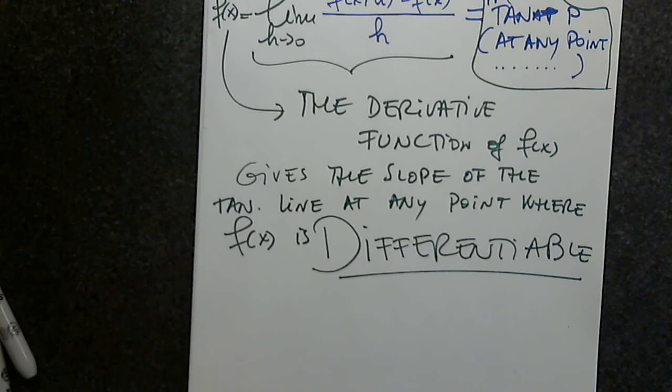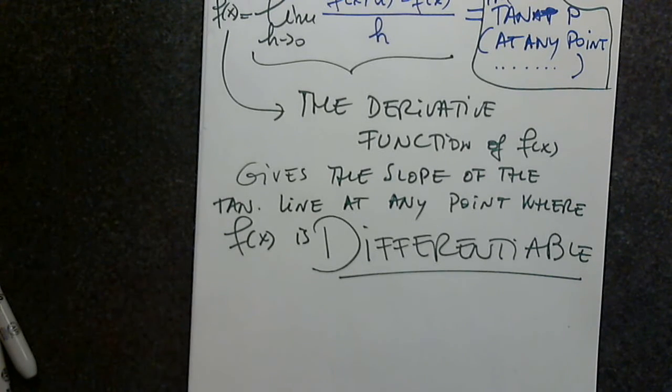And now we have to talk about this. I'm really telling you that we have functions that do not have a tangent at certain points. They do not have one tangent at certain points, which means at those points the function is not differentiable. It doesn't have a derivative.